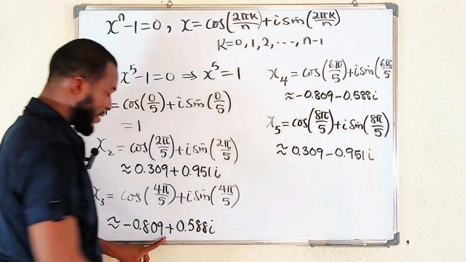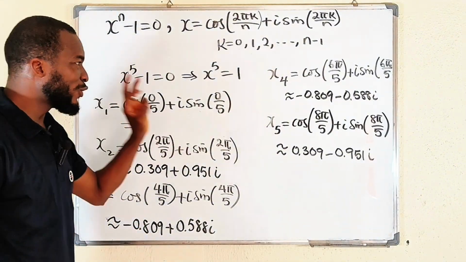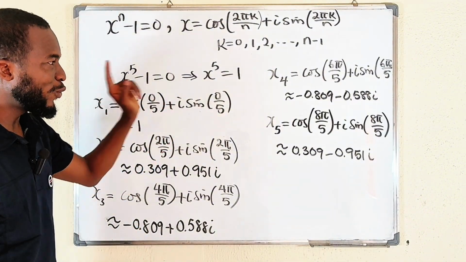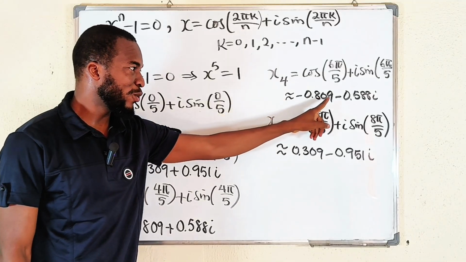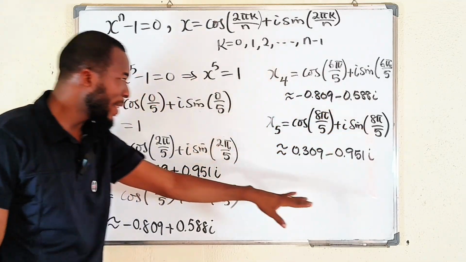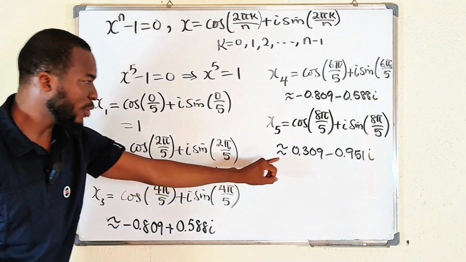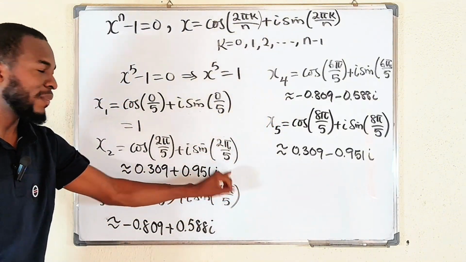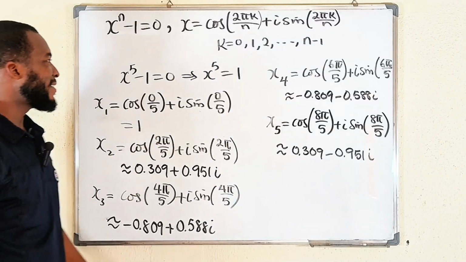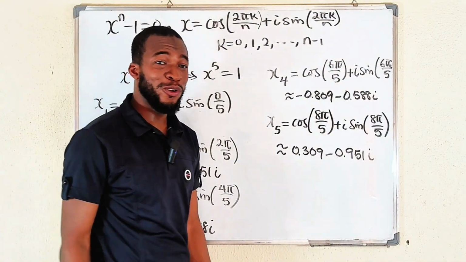This is minus, this is plus. Therefore, you can say that x equal to 1, x equal to minus 0.809 plus or minus 0.588I, meaning you have linked this one and this one together. Then you can do the same thing for this and this. All right, this is the solution to x to the power of 5 minus 1 equal to 0.